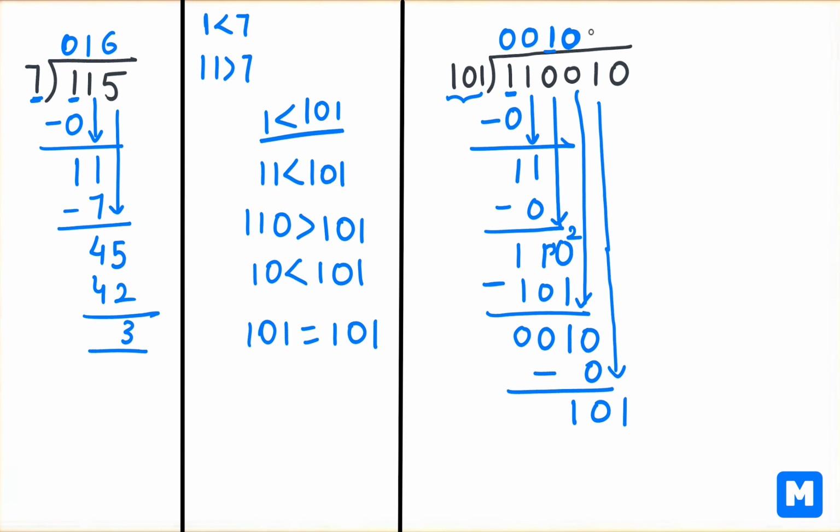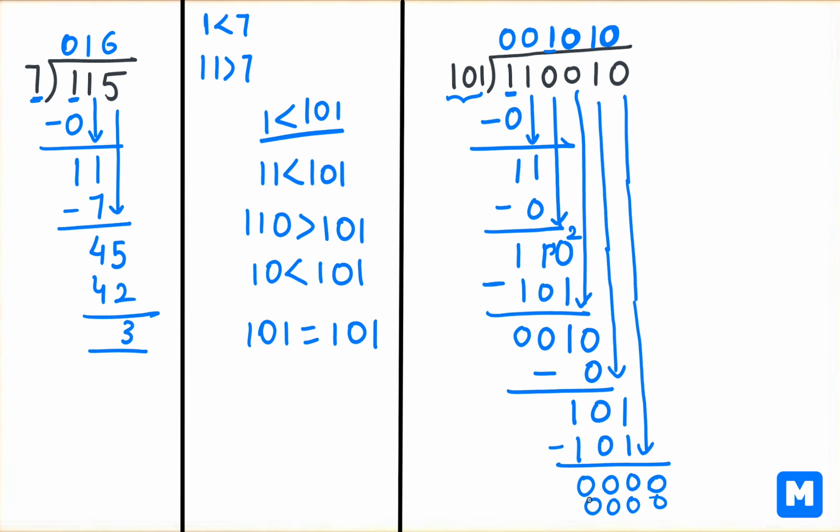So we write down 1 on the quotient side and get 101. By this subtraction we get 0 remainder, and this 0 is written down here. 101 can divide this 0 totally, so we write 0 here, and 101 times 0 is 000. Here our division ends, and this is our remainder, this is our quotient.